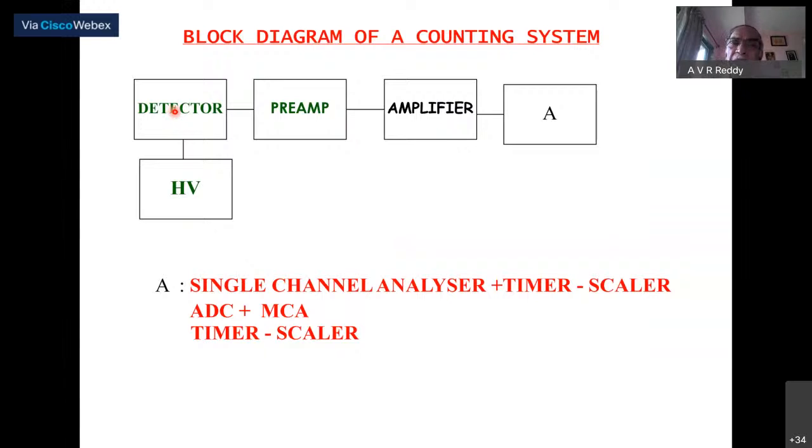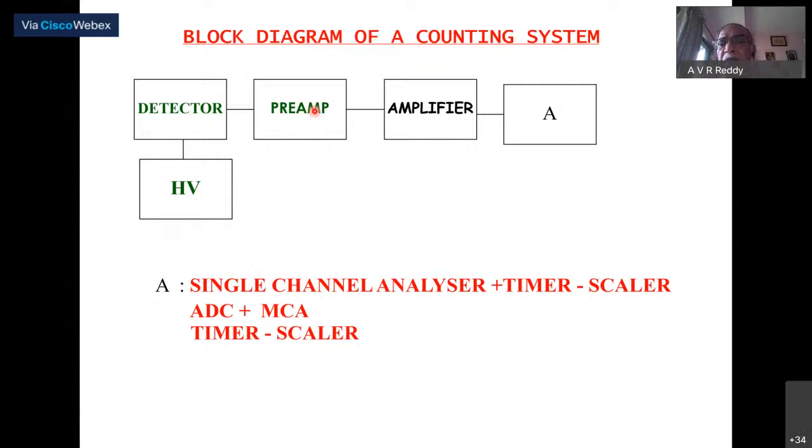When the radiation interacts with the matter, it will produce ionization, let us assume in this case. Then those ions should not recombine, so you apply voltage. The signal which is produced, you have to shape it using a preamplifier.